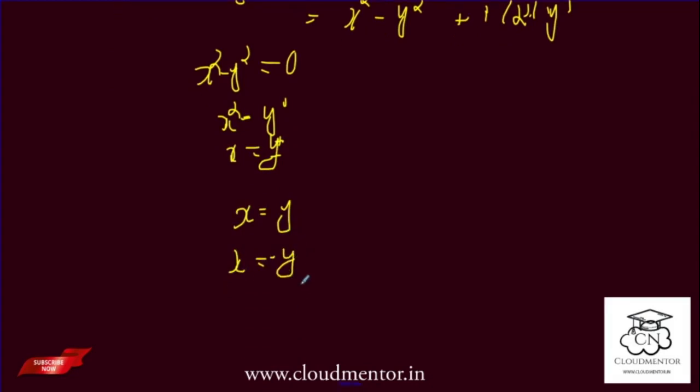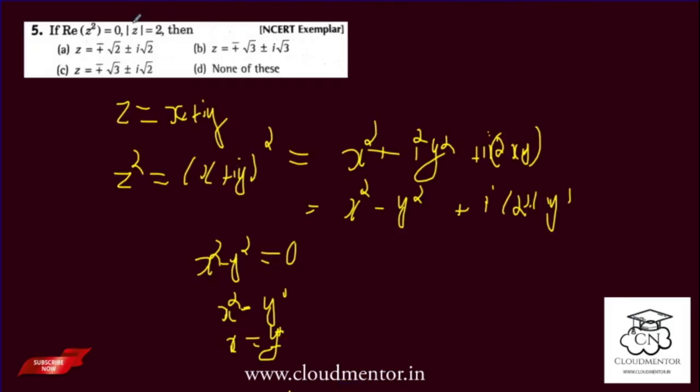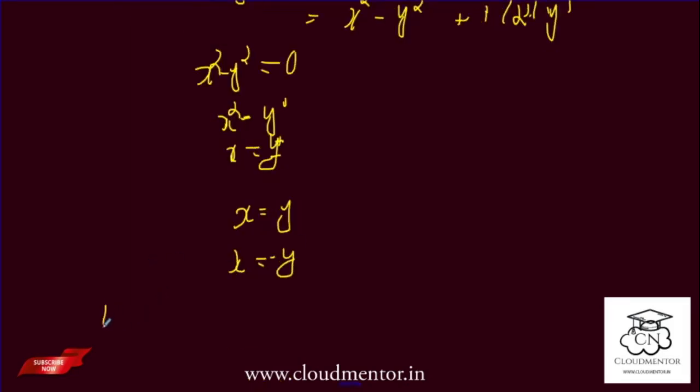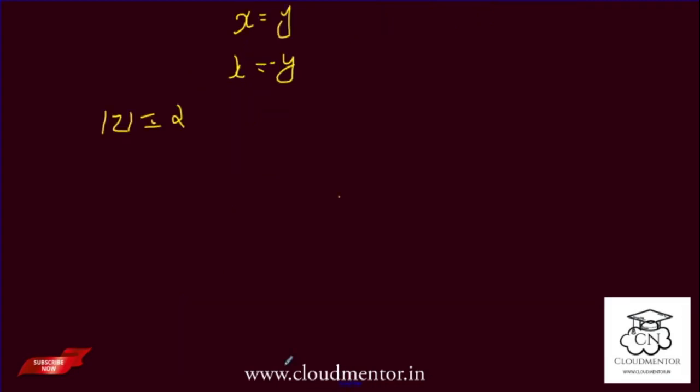Now we have the other condition, that is modulus of z equal to 2. So modulus of z square is equal to 4, and modulus of z square is x square plus y square. So x square plus y square equal to 4, right?